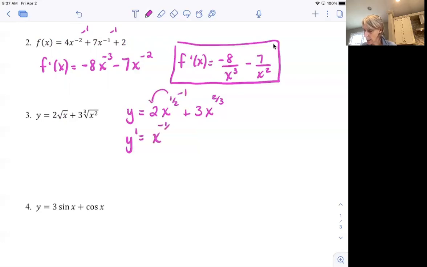Subtract 1, x to the negative 1/2. Plus, bring the power down in front, 2/3 times 3 is 2. 2/3 minus 1 is negative 1/3. 1 over square root of x plus 2 over the cubed root of x.